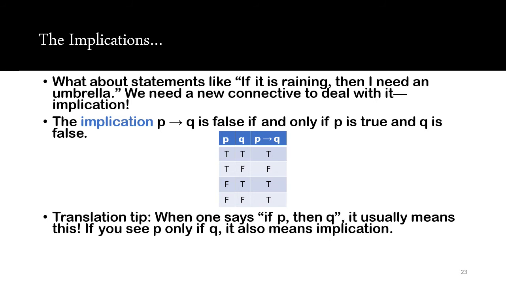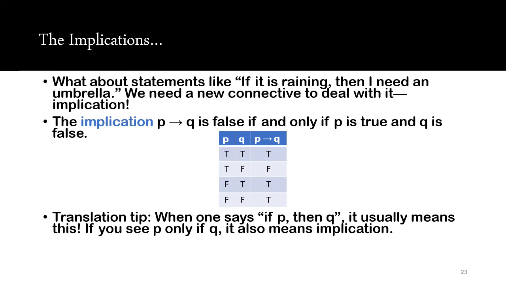So, usually when one says if P then Q, it means implication. Also, if you see P only if Q, it also means implication. P if Q actually means Q implies P. You see if and only if?